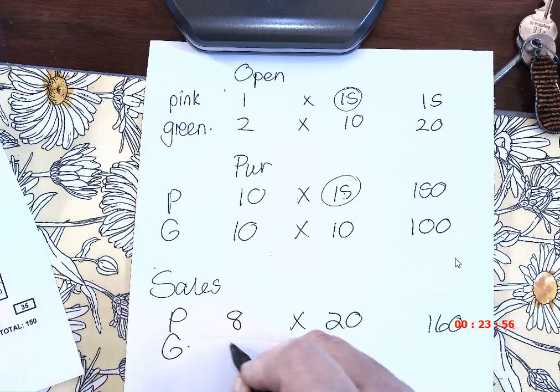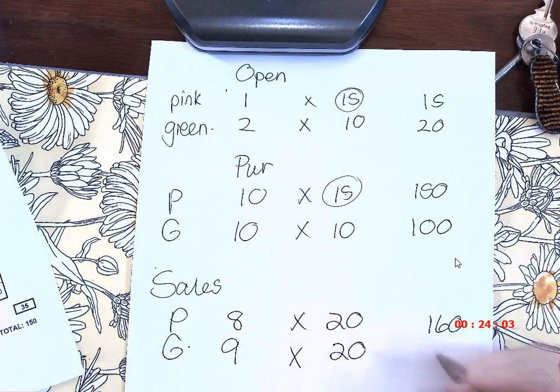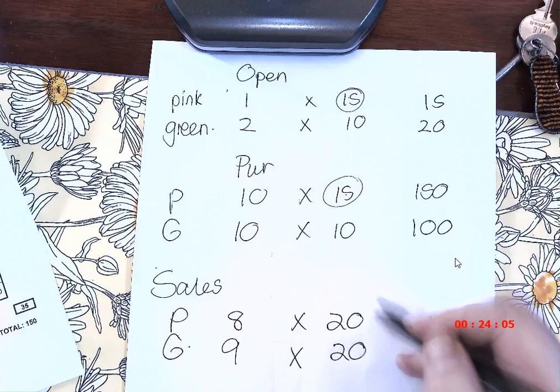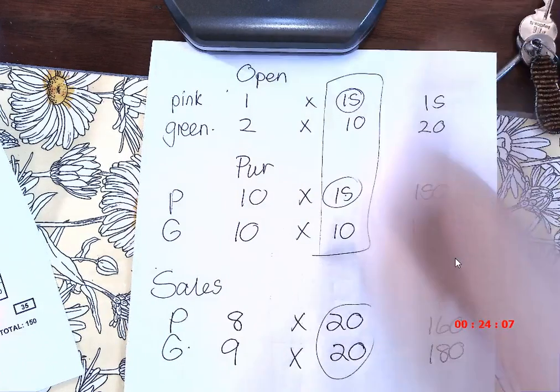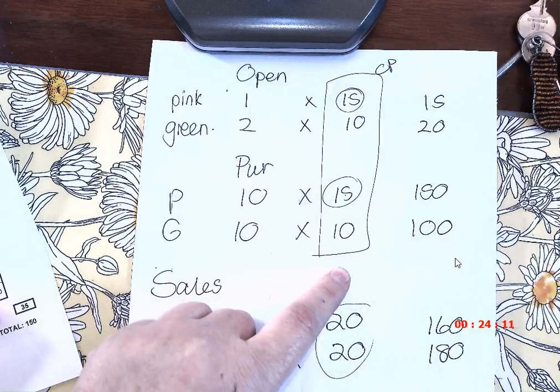Green we sold 9 at also 20 rand. Let's make life easy. Can you see this is different than this? Because this is done at the cost price and you want to use the cost price.